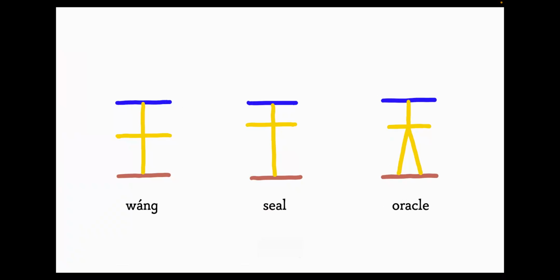There are 4 characters that look very similar to Wang, king, but they're from 4 different sources. I will maybe do a video on that sometime in the future. If you see a Wang on the side of any character, it doesn't have anything to do with king.